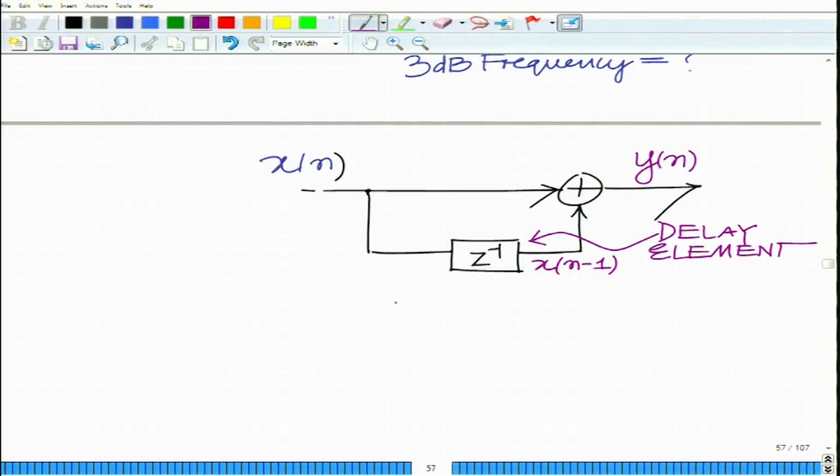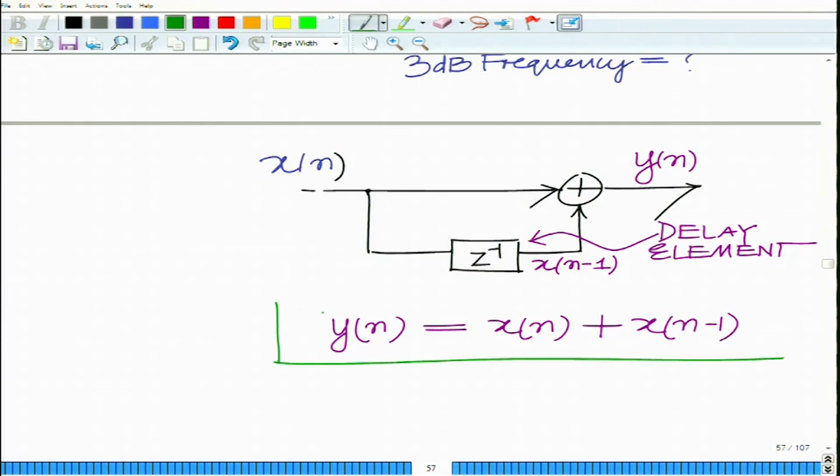So, the difference equation that describes this is very simple: y of n equals x of n plus x of n minus 1.